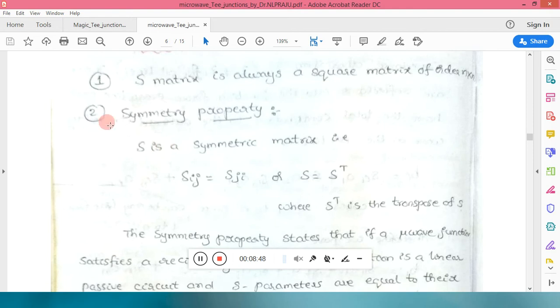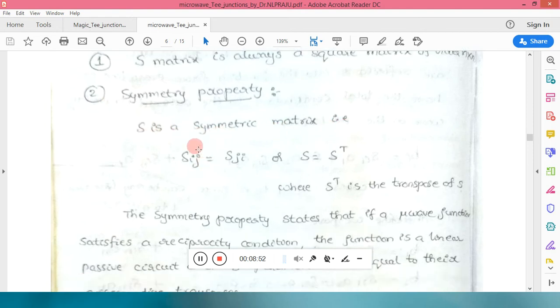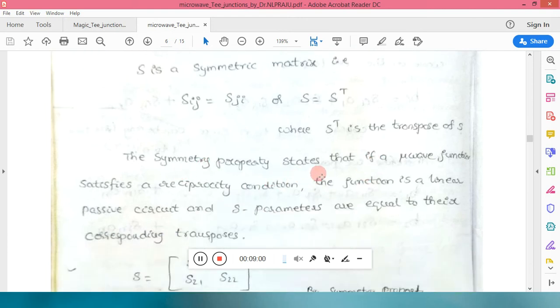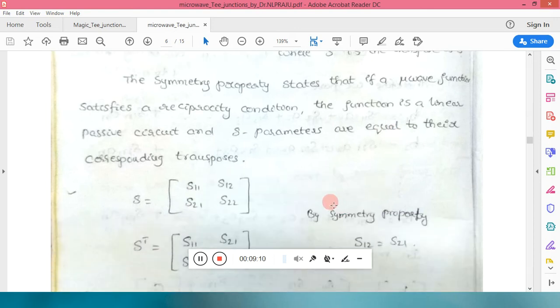The second property is the symmetry property. Here S is a symmetric matrix, which means Sij is always Sji, or S is equal to S transpose. According to the symmetry property, if a microwave junction satisfies the reciprocity condition, the junction is a linear passive circuit and S parameters are equal to their corresponding transposes.